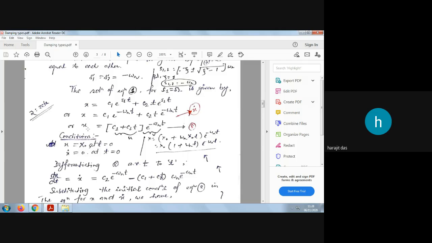So what are the initial conditions? x equals x naught at t equals 0. The initial displacement was x naught and the initial velocity is 0, because there was no initial velocity. When the body was displaced, the time had not started, so the time is 0.